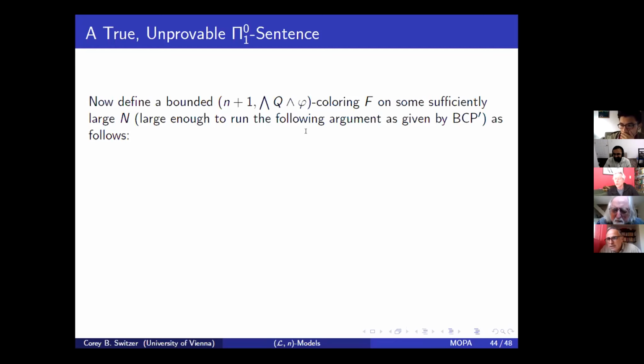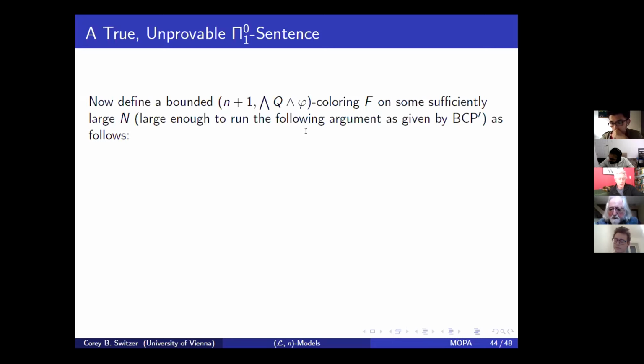And then Paris had a version that predated the Paris-Harrington version, which was combinatorial. It had the notion of dense sets. A set is n plus one dense if there's an n dense homogeneous set for partitions of triples. That's right.